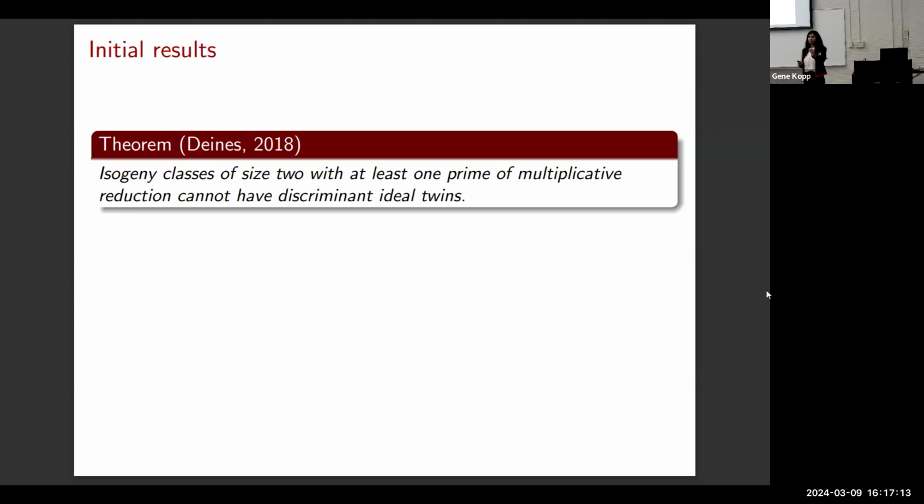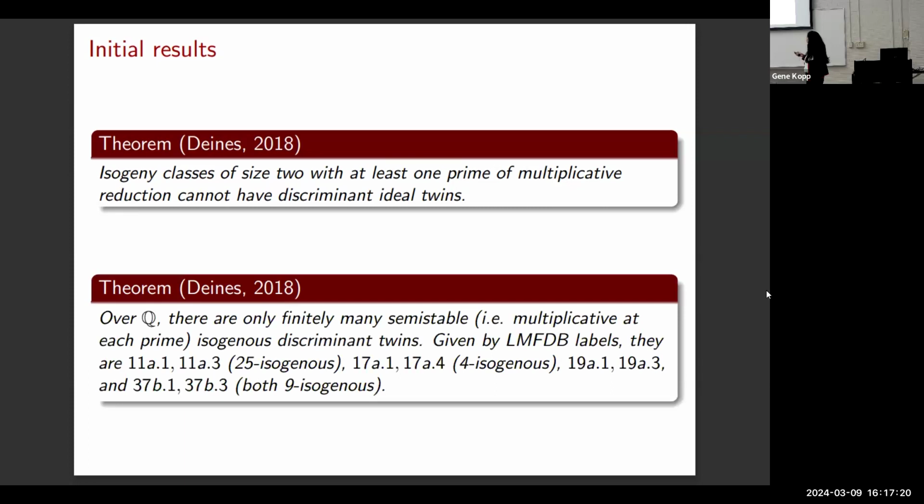So if you have one prime of multiplicative reduction, there is no chance of getting discriminant ideal twins. And she also gave a complete list of what happens over Q if it has semi-stable reduction.